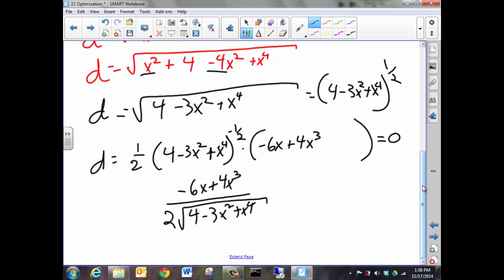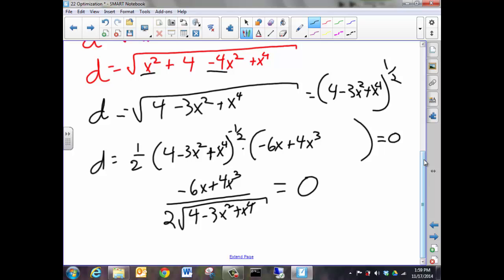But let's think for a second here. What is this square root here? What is this square root describing? It's the same as whatever this square root was here. What was this square root describing? The distance, right? The distance between two points.